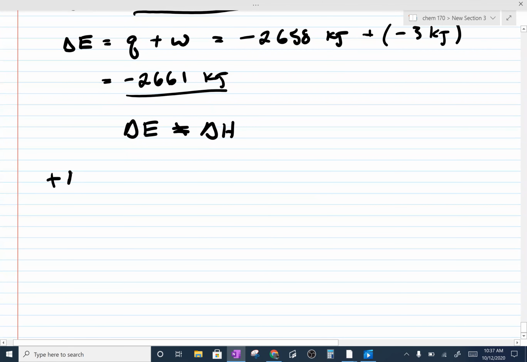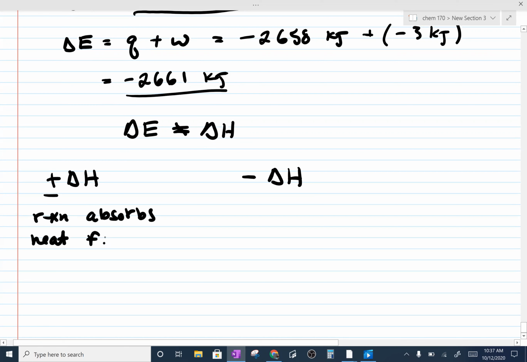A reaction can have positive delta H or negative delta H, just like a reaction can have positive delta E and negative delta E. When a reaction has a positive delta H, that means that the reaction absorbs energy or absorbs heat from the surroundings.